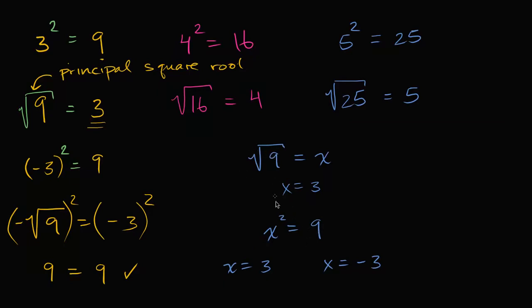So these two statements are almost equivalent, although when you're looking at this one, there are two x's that satisfy it, while there's only one x that satisfies this one, because this is the positive square root. If people wanted to write something equivalent where you would have two x's that could satisfy it, you might see something like this: plus or minus square root of 9 is equal to x, and now x could take on positive 3 or negative 3.